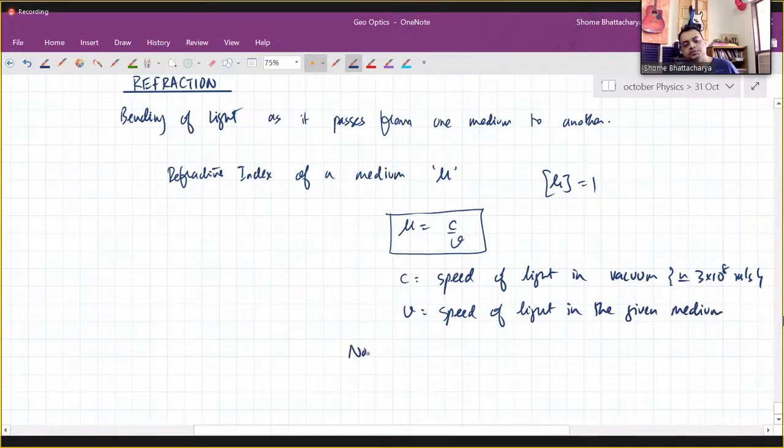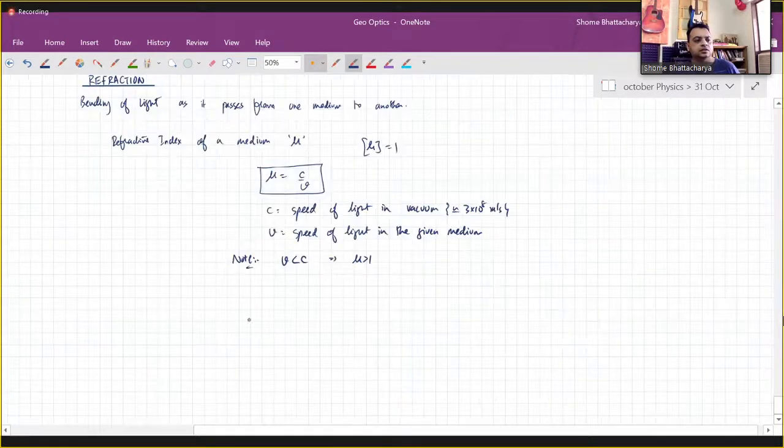As you know, the speed of light in any material medium will be less than the speed of light in vacuum. So mu for any medium is greater than 1. So this is one thing about refractive index. This is, you can say, the definition of absolute refractive index.